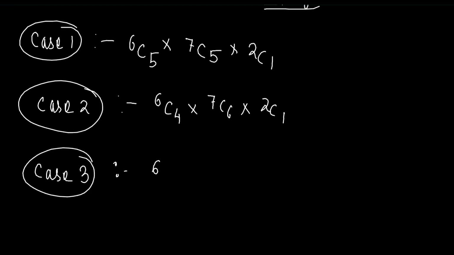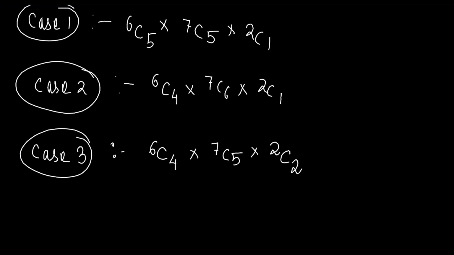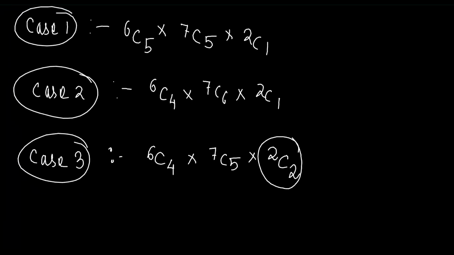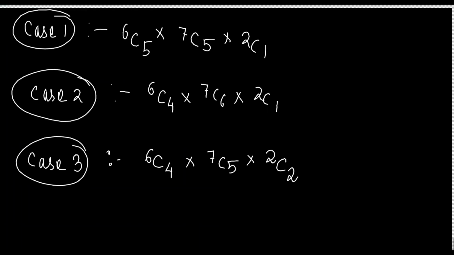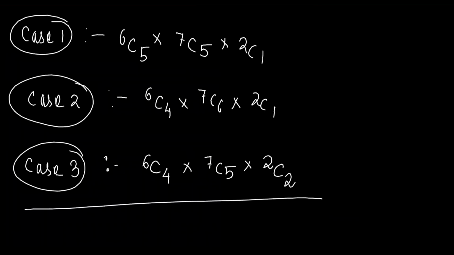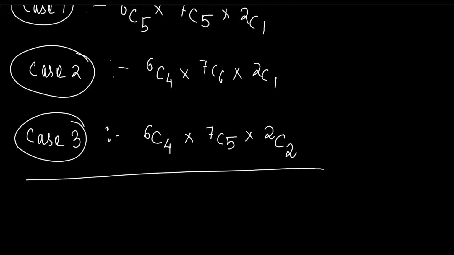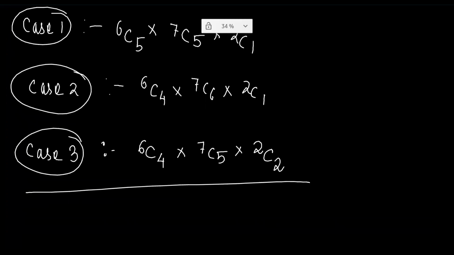In case 3, I take 4 bowlers, 5 batsmen, but I take 2 wicket keepers, that means 2C2. This is the condition. You can think it is weird that we are taking 2 wicket keepers, but this is the condition. So to find the total number of ways to form a team of 11 players, you just have to add these 3.